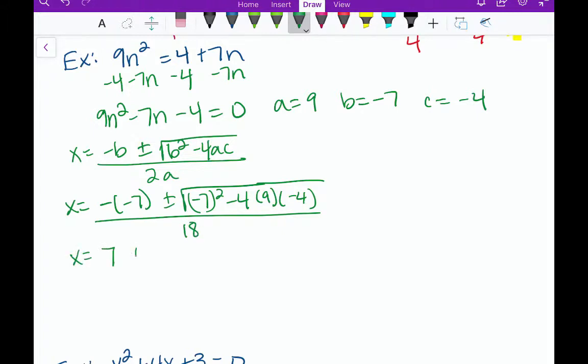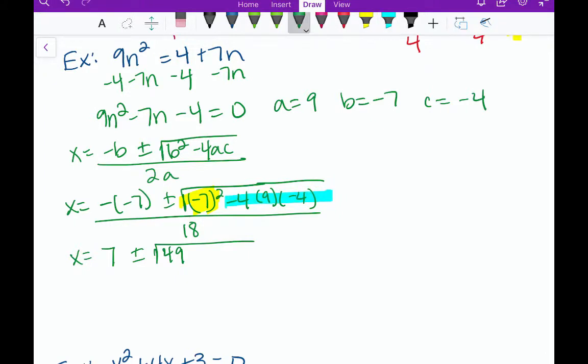x equals 7 plus or minus the square root of negative 7 squared, which is 49. This term should always be positive because when you square a number, it should be positive. Now I have negative 4 times 9 times negative 4.